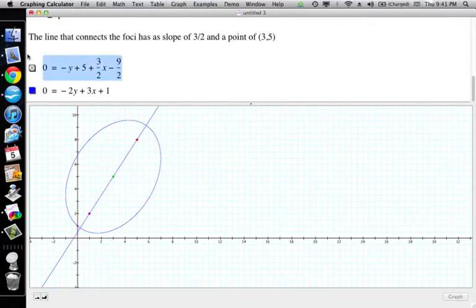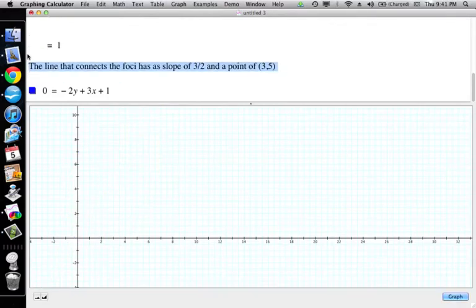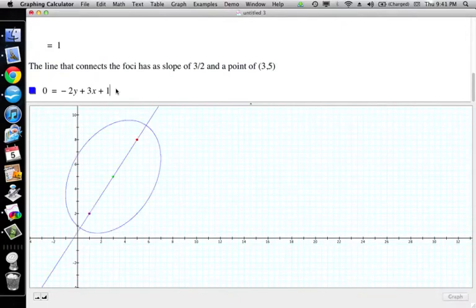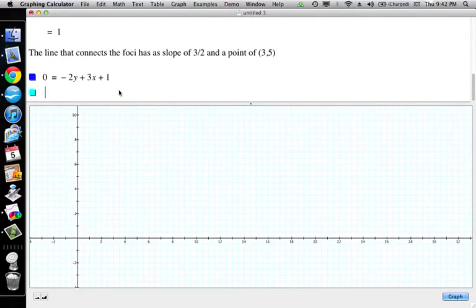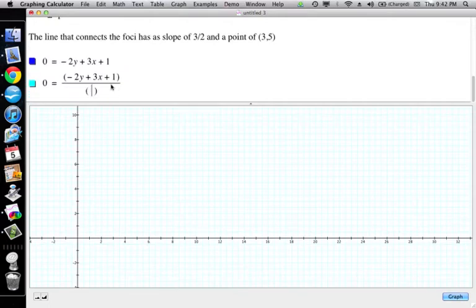And now I want to do something else to this line, which is a little bit funky. I want to write 0 equals (negative 2y plus 3x plus 1) divided by (2 squared plus 3 squared) to the 1/2.